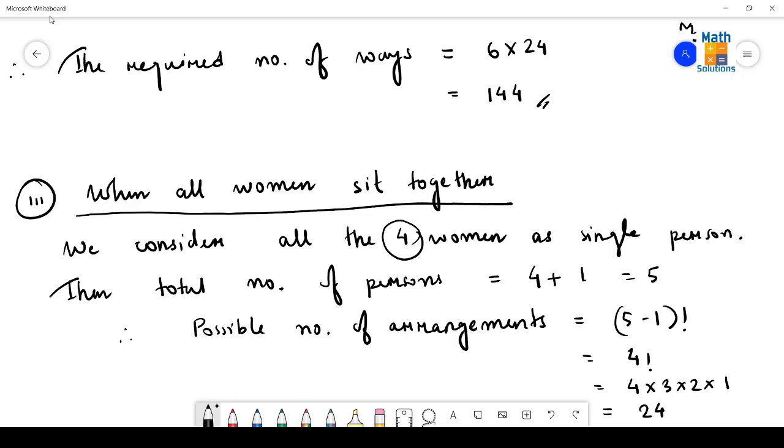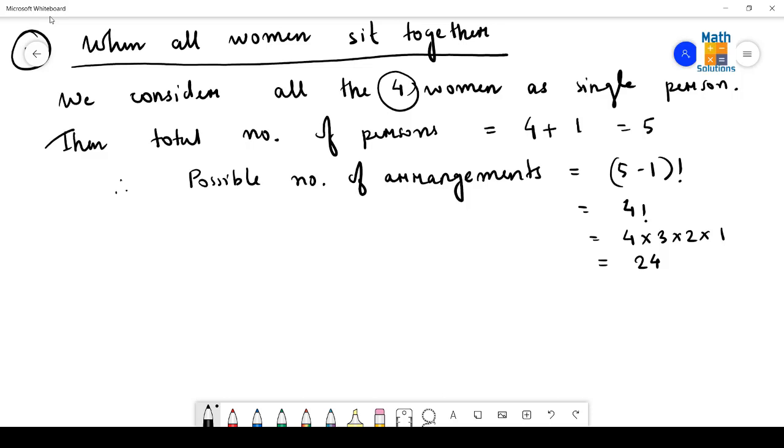Again, although we had considered these 4 women as a single person, these 4 women amongst themselves can be arranged in 4 factorial ways. So that's what we are going to write next.